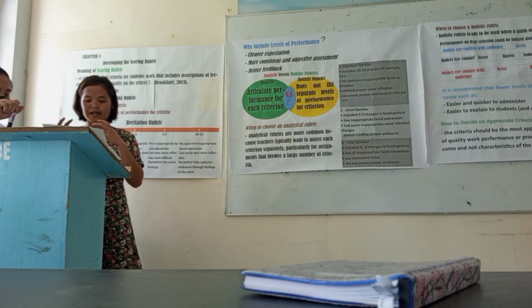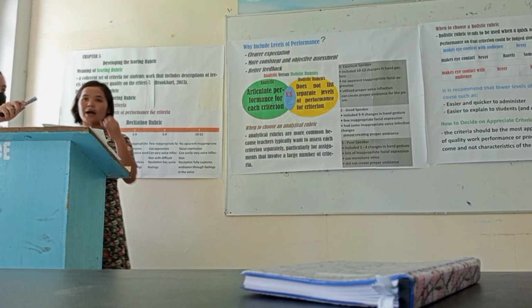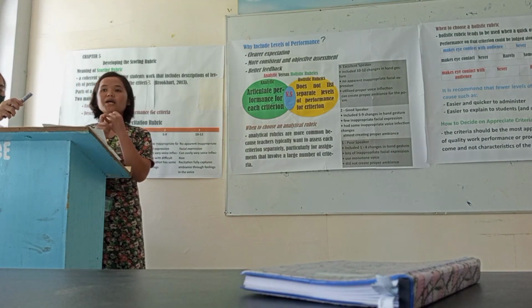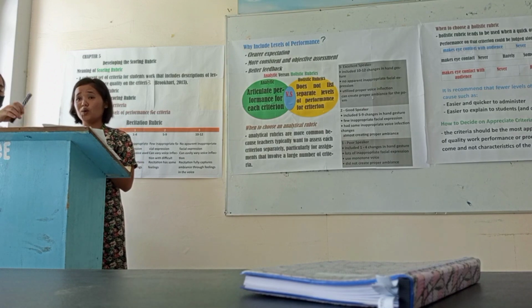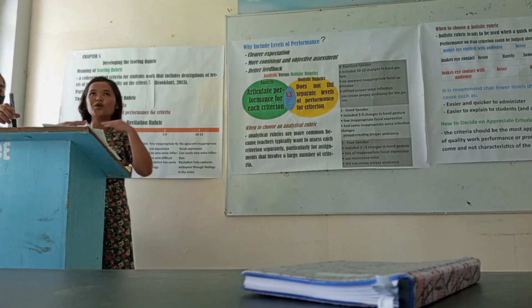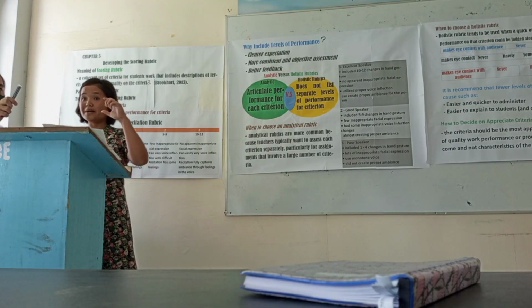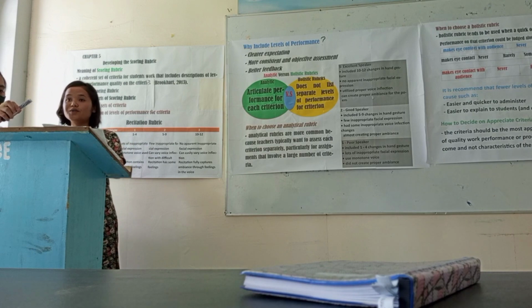In that way, maoobserve mo yung pinagawa mo sa estudyante mo kung tama ba yung paggamit niya ng punctuation marks, kung tama ba yung grammar na ginamit niya, kung yung essay ba na ginawa niya is masyadong detailed. Dun mo malalaman. So, it must be observable.